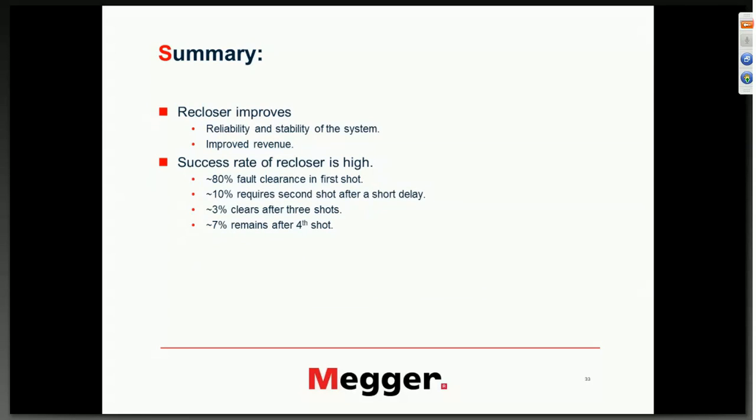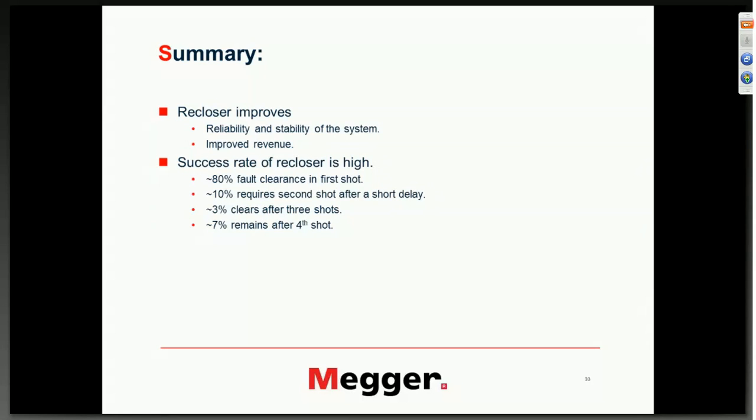So in summary, what we have seen so far is that reclosers definitely will improve the reliability and the stability of your system, and indirectly, they also increase your revenue because your downtime is low. Again, I just want to remind you that not all faults are permanent faults.